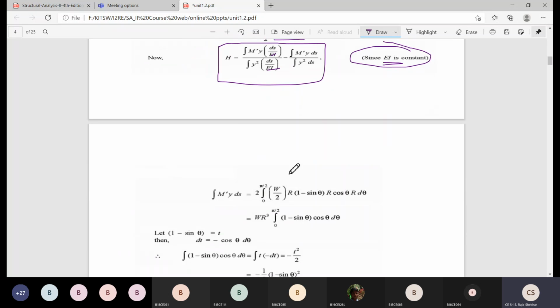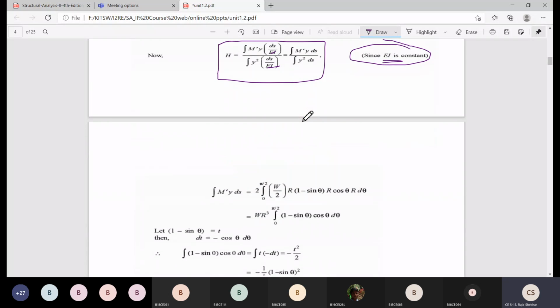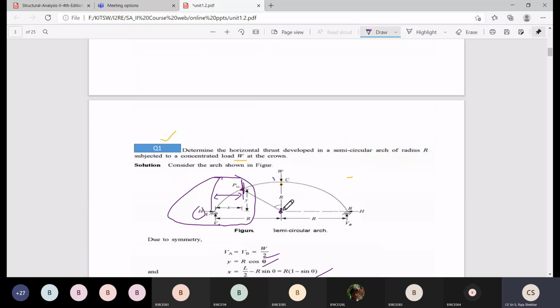We calculated M dash is equal to W by 2 into r into 1 minus sin theta. Just integrate in the range between 0 to 90 degrees.